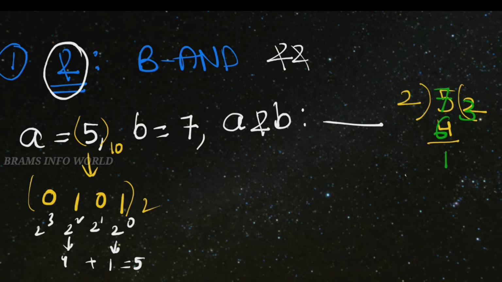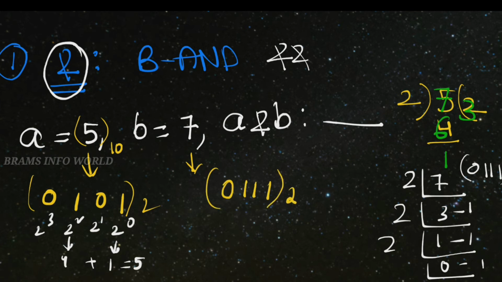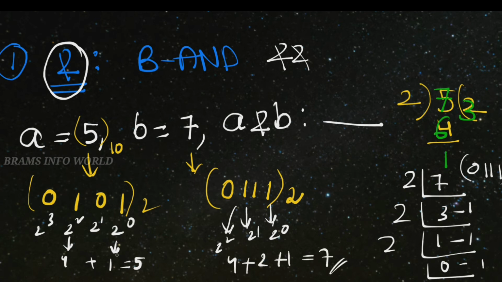So that is 1 1 1. A computer can understand either 4 bits or 8 bits. I'm taking 4 bits, that is a nibble. So the 7 value is 0 1 1 1. You can observe 2 power 0, 2 power 1 and 2 square: 4 plus 2 plus 1. So 7 is the value, right?